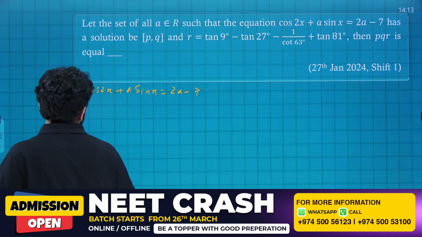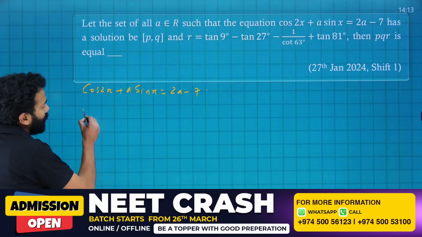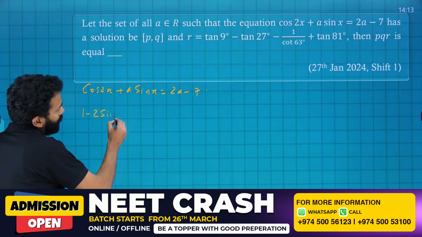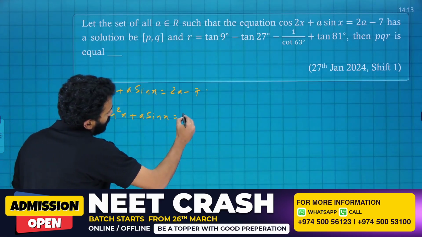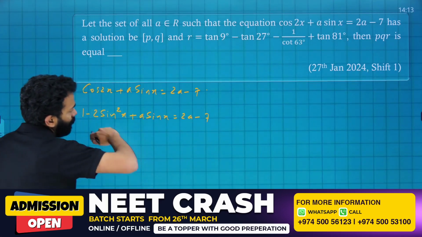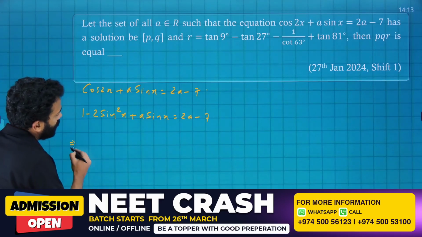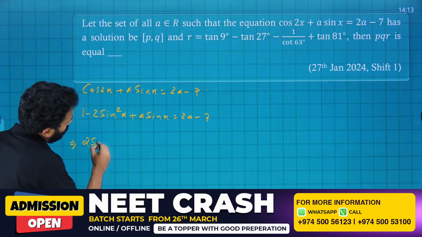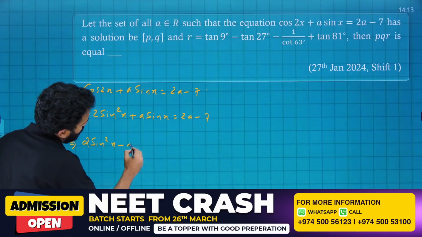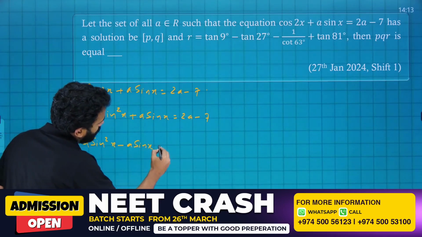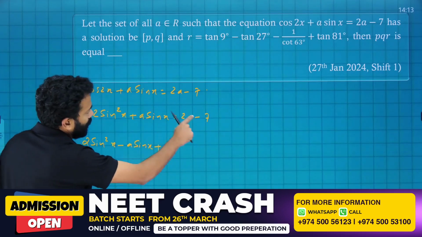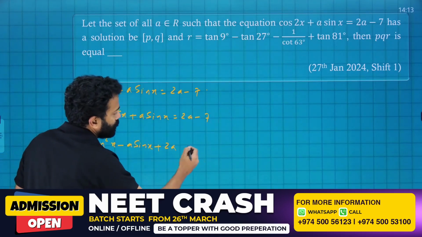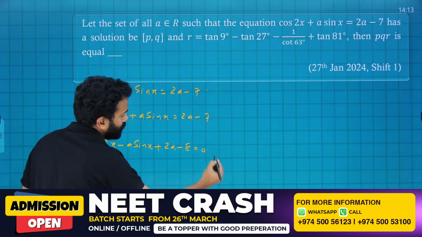Therefore, 1 minus 2 sin square x plus a sin x is equal to 2a minus 1. Take everything to the right hand side and you will get 2 sin square x minus a sin x plus 2a minus 2 is equal to 0.